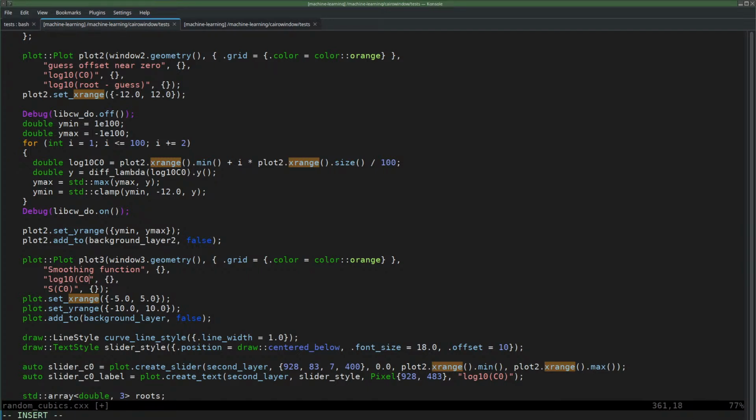Otherwise we can't show anything except a narrow range of C0. So that should have the same x range as plot 2 then.